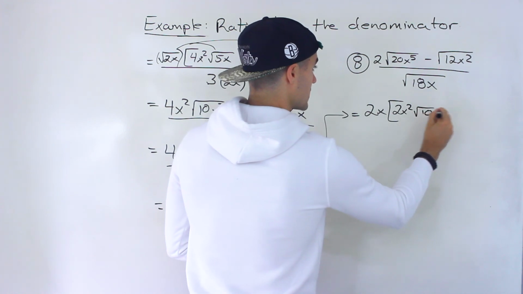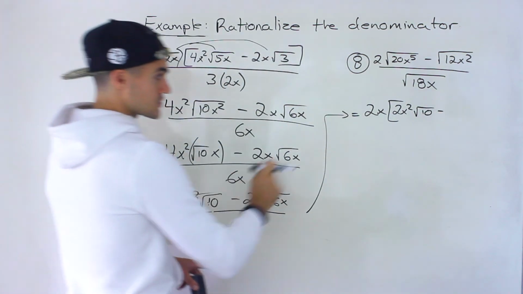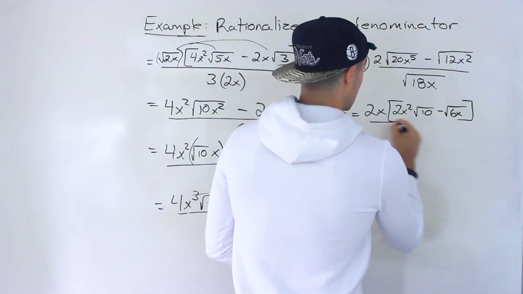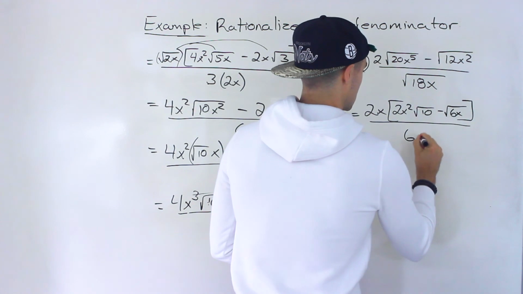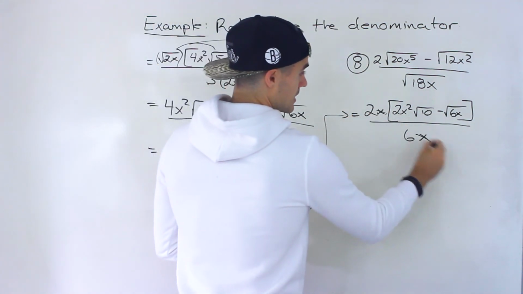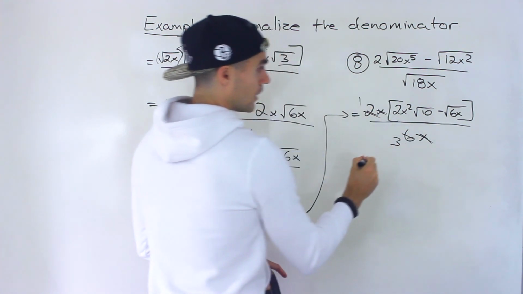And then we'd have the root 10 still. And then from the 2x, we took out the full 2x. So we're just left with the radical, the minus root 6x, like that. And that's going to be all over 6x. And then notice the x's cancel out. 2 over 6 simplifies to 1 over 3.